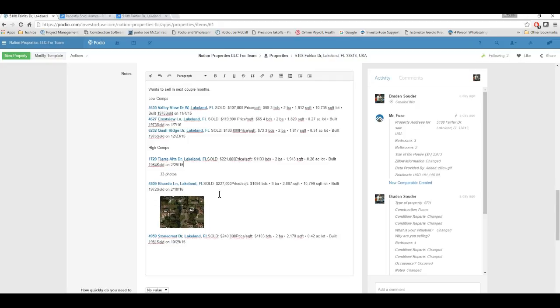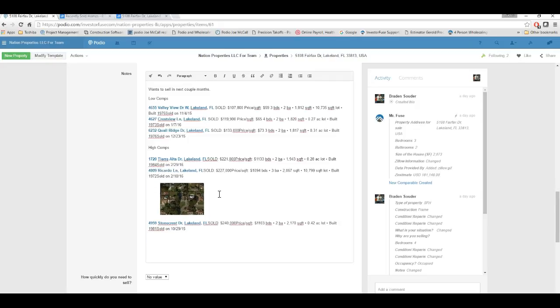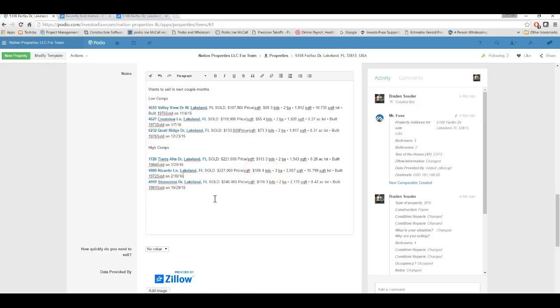Do the same thing. $110. So these are selling around the same price, between $110 a square foot, $109, $113, which means that this house should sell for $109 a square foot.